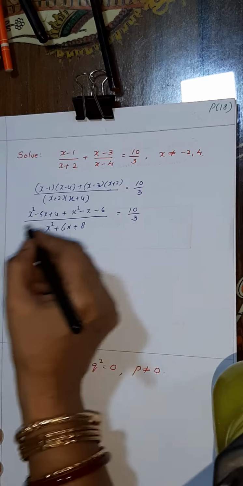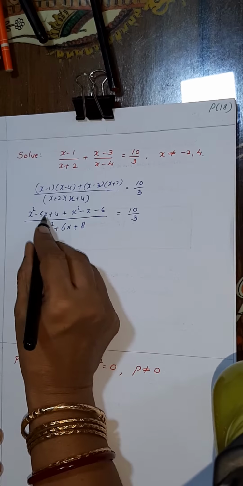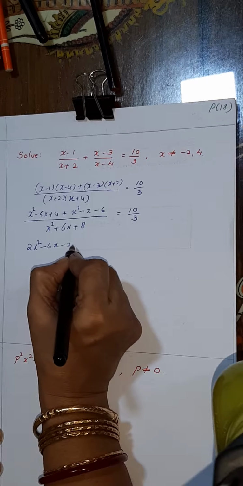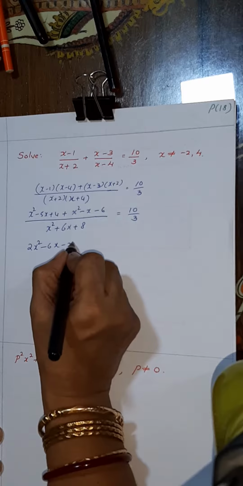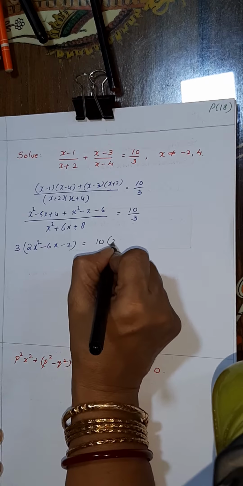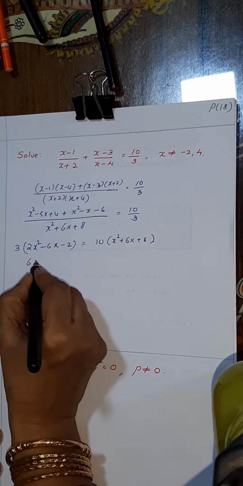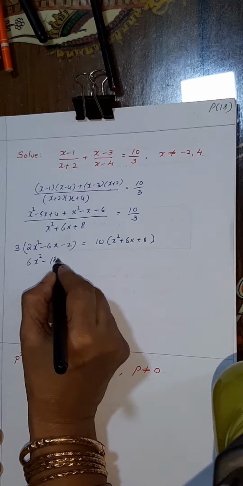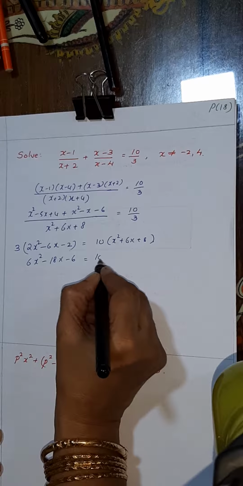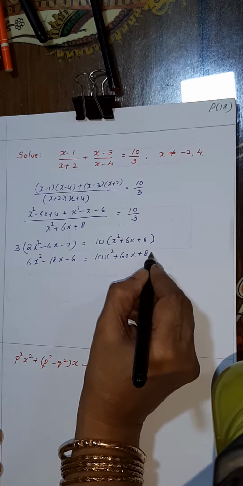2x squared minus 6x minus 2, into 3 cross multiply, is equal to 10 into x squared plus 6x plus 8. So this becomes 6x squared minus 18x minus 6 is equal to 10x squared plus 60x plus 80.